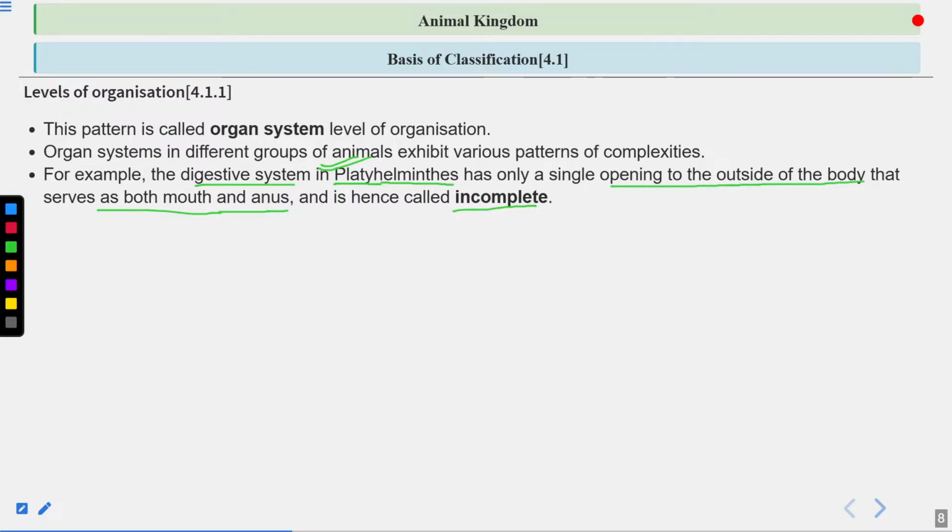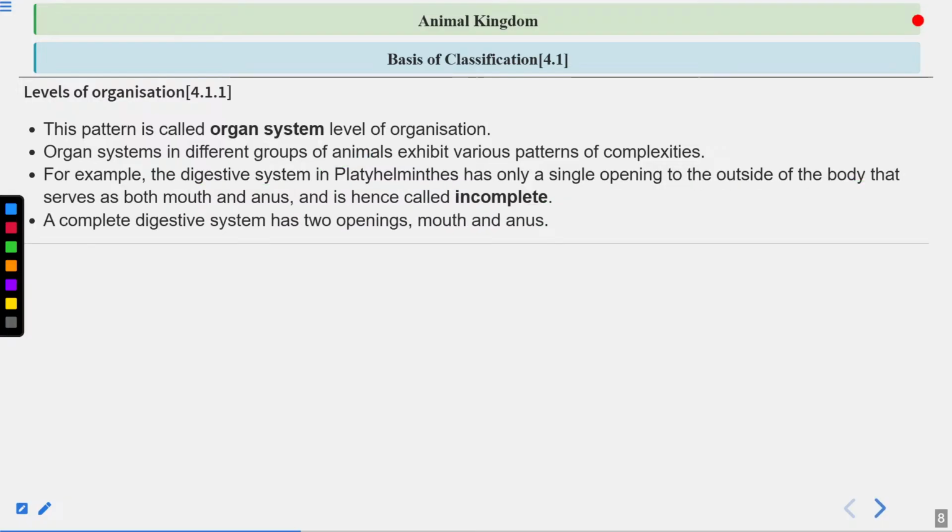How can we say that? Because they do not have two openings, mouth and anus. They have just one opening, which does both functions: to take in the food and to remove the undigested food material. So they have an incomplete type of digestive system. Very, very important feature.